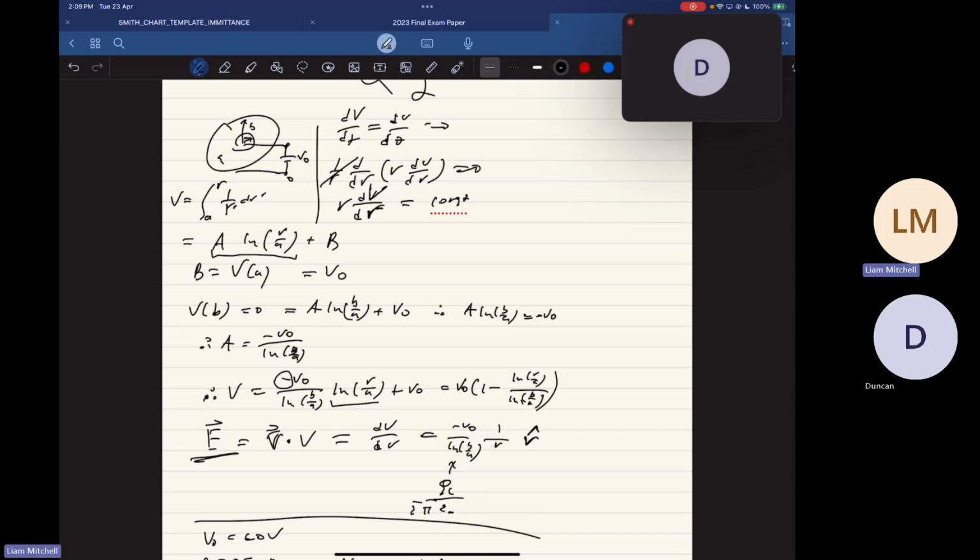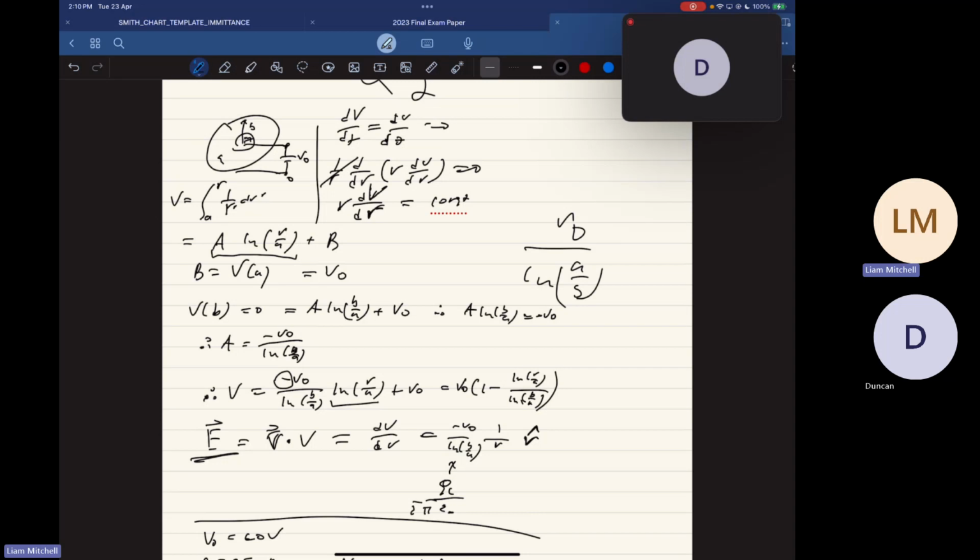The minus comes from the fact that we're integrating from a to b. If you do it the other way around, we get plus V naught on ln a on b, basically. Yeah.